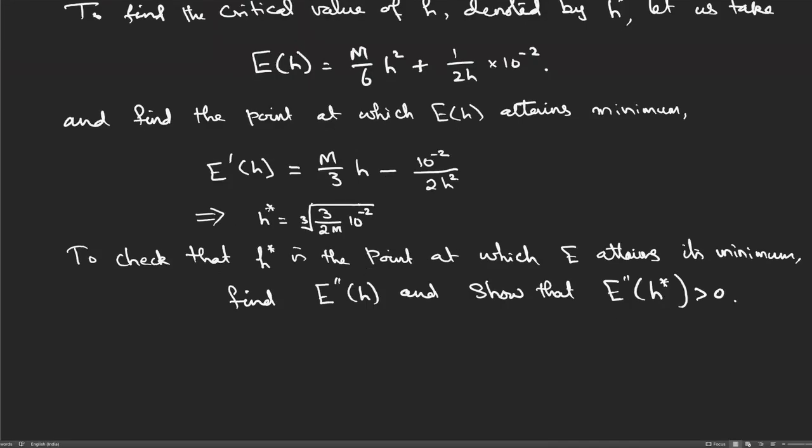So that is not very difficult. You can easily show this. Therefore, the critical value for the total error is given by h star equal to the cube root of 3 by 2M into 10 to the power of minus 2. And that is the answer.